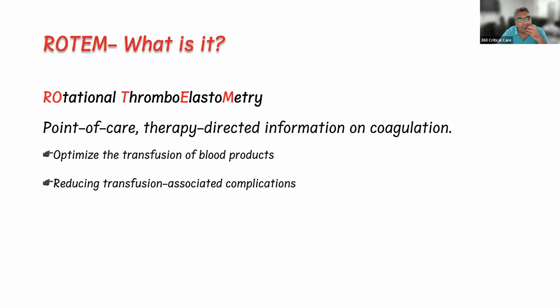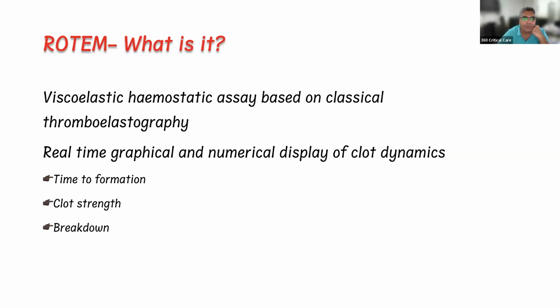ROTEM stands for rotational thromboelastometry. It is a point of care, therapy directed information on coagulation. The aim of ROTEM is to optimize the transfusion of blood products, and in clinical studies it has shown that it has reduced the transfusion requirement and transfusion associated complications. It is real time and graphical, that's what you get in a ROTEM.